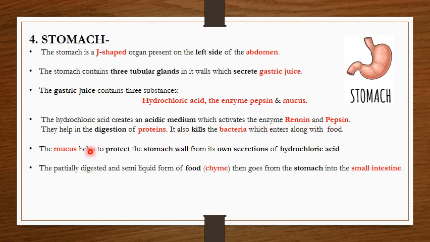They help in the digestion of proteins. It also kills the bacteria which enters along with food. The mucus helps to protect the stomach wall from its own secretions of hydrochloric acid. The partially digested and semi-liquid form of food, chyme, then goes from the stomach into the small intestine.